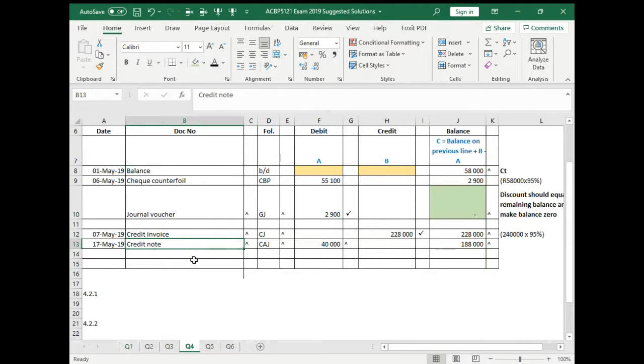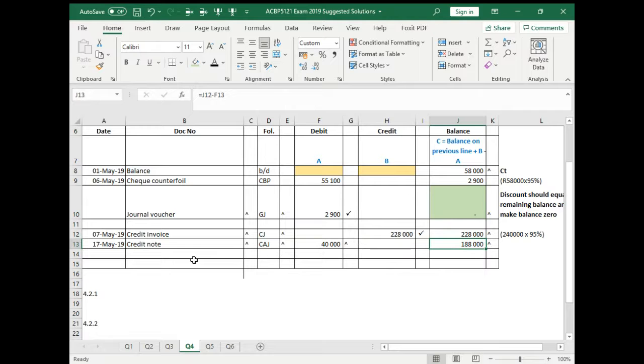Okay, so they said you received a credit note, so that's why they wrote credit note. Then you've got a CAJ, the journal you would have captured it in, and the amount would have been 40,000. Now, because it's reducing the balance, you take the 228, which was the previous balance, you would deduct the 40,000 to get to your new balance of 188,000.